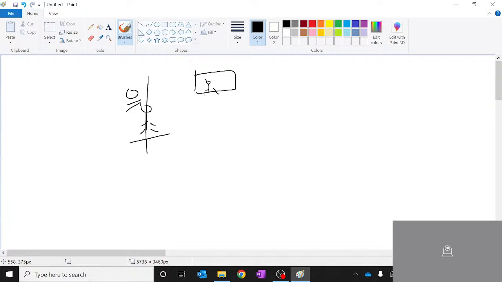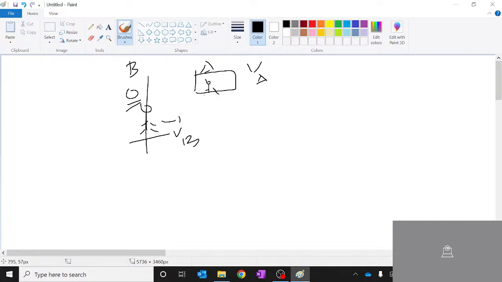Let's say the velocity of this is va, and the velocity of this is vb. I am also moving. I am observing from the point of b, and this is a.